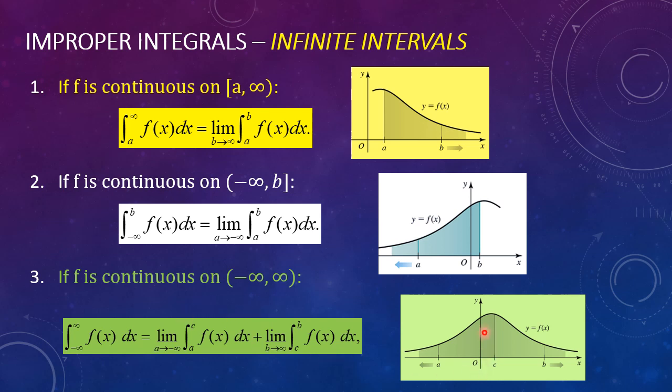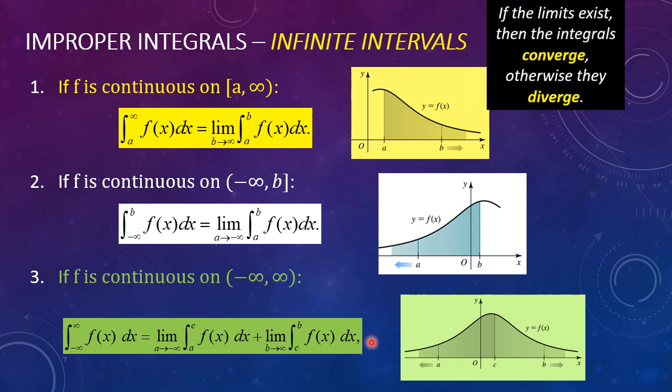Notice that this midpoint value c needs to occur in both integrals. And it can be shown that the choice of c does not affect the value or the convergence of the original integral. And so we have these three different kinds of infinite intervals that we're going to solve in similar ways, as you saw in the example we just did, by flipping that limit or by making it a sum of two limits.